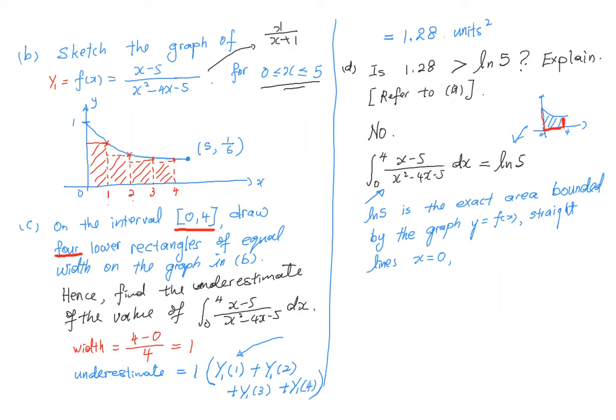The first side, this is the one. Second side, this is the one. Third, that is x equal to 4. And the fourth side is here.